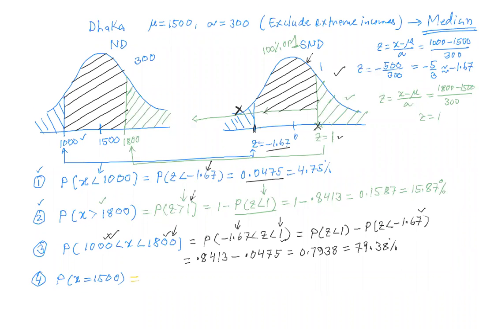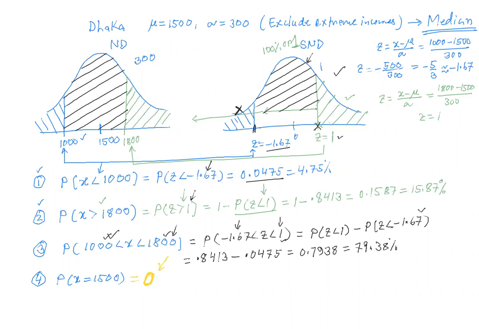Okay, so at least someone remember? It is 0, because in the continuous case, the probability of a single point is 0. Why is it 0?